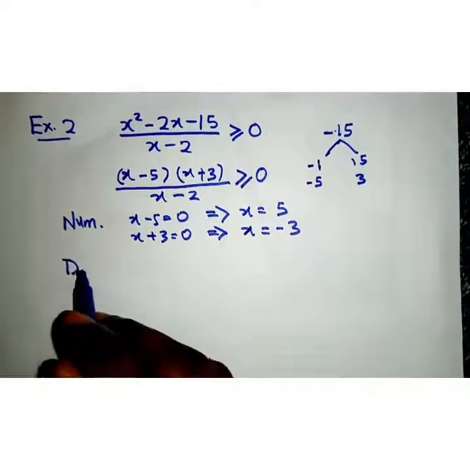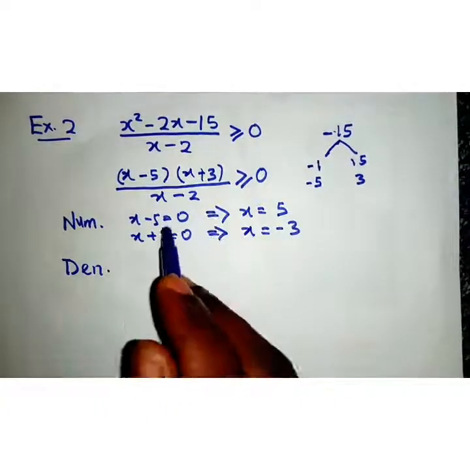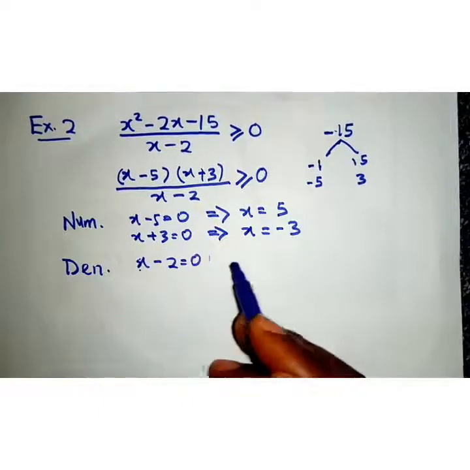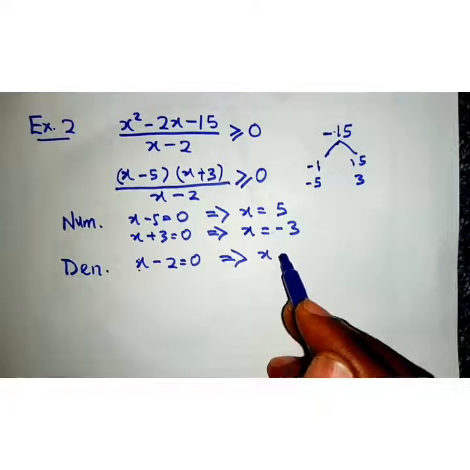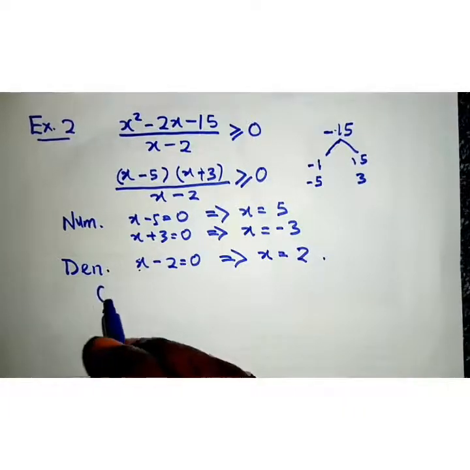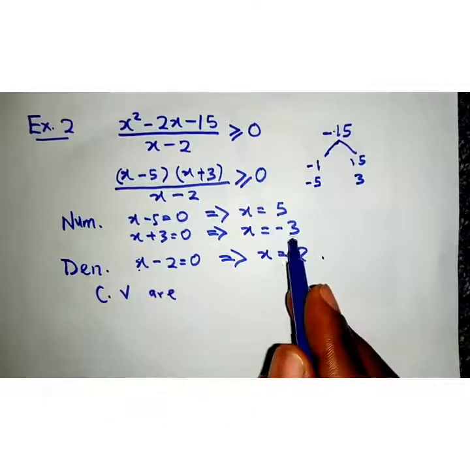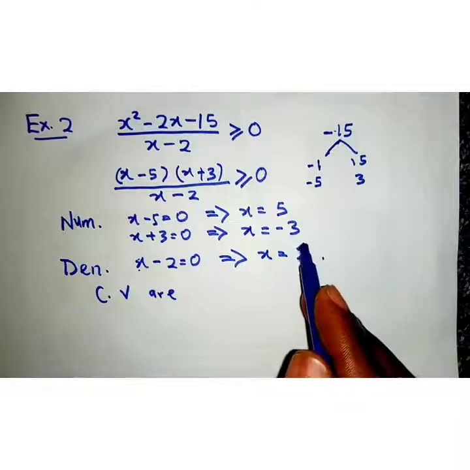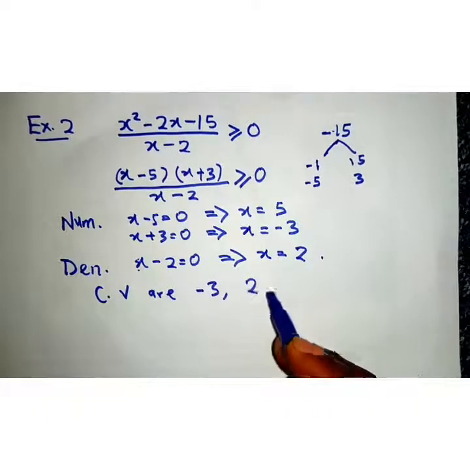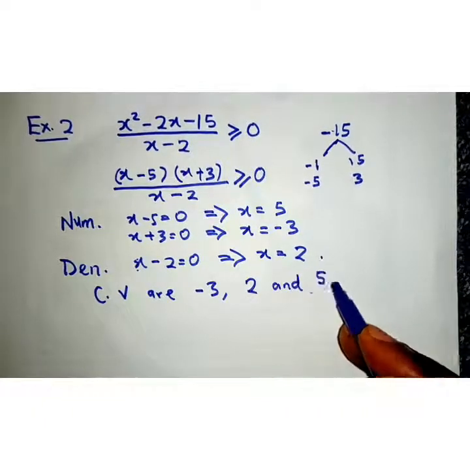Now for the denominator, we equate the denominator to 0. x minus 2 equals 0 implies that x equals 2. So our critical values, arranged from the smallest value, are minus 3, 2, and 5.